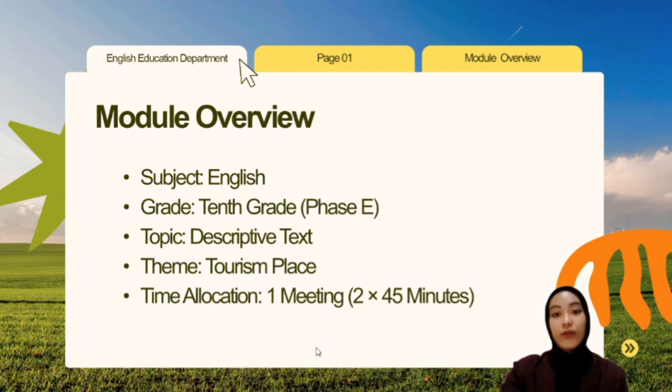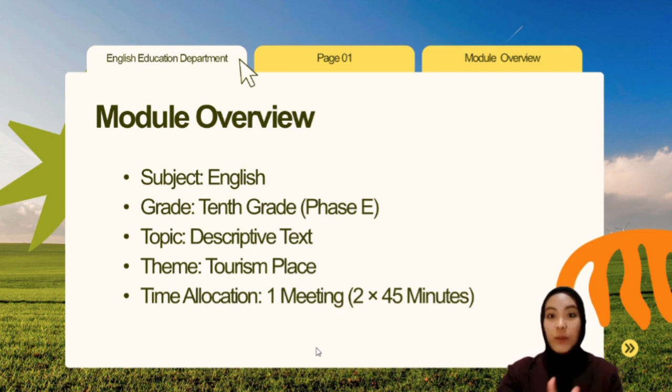is about module overview. The subject is English for grade 10 students, phase A. The topic is descriptive text and the theme is tourism place. The learning process is designed for one meeting with a time allocation of 2 times 55 minutes.